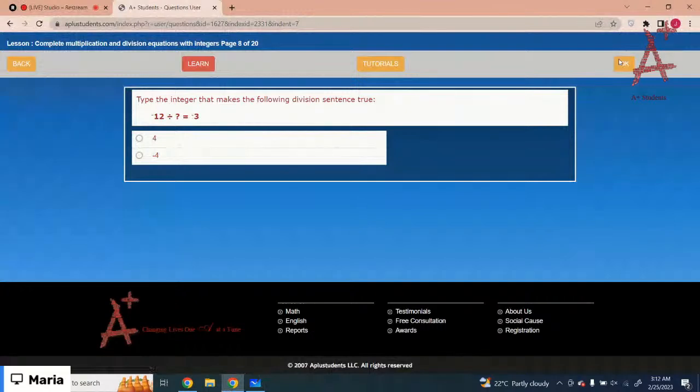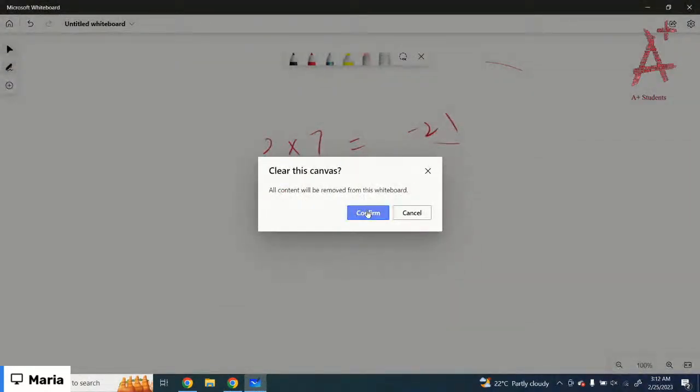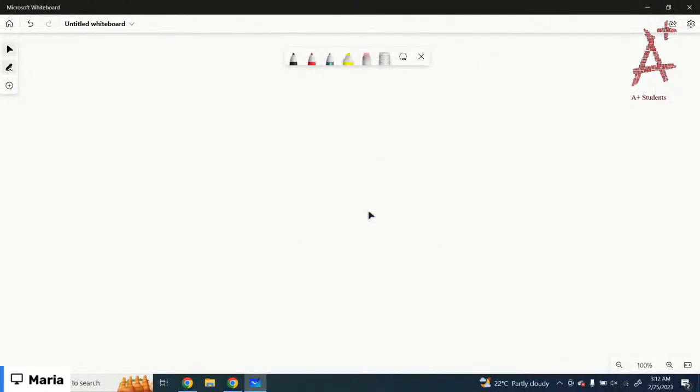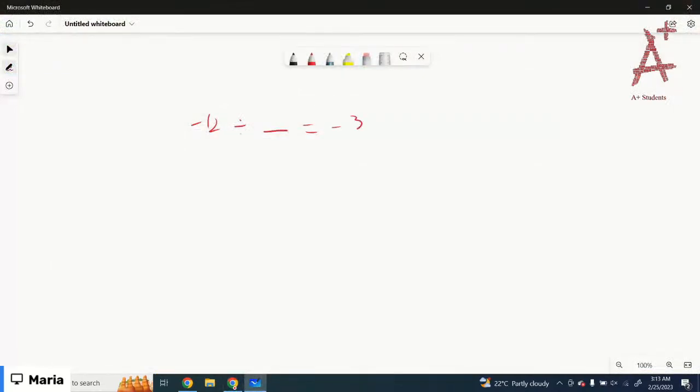Okay, -12 divided by the missing number equals -3. Got it? 3 times what number is 12? 3 times 4 is 12.